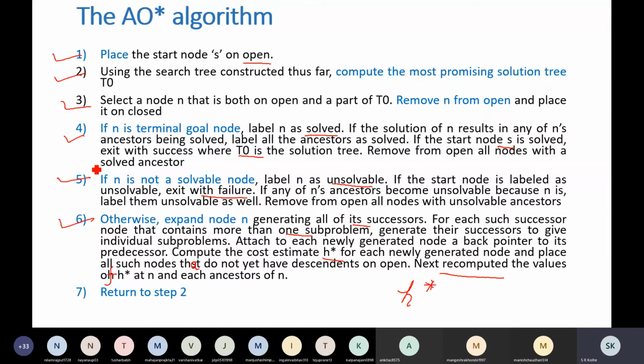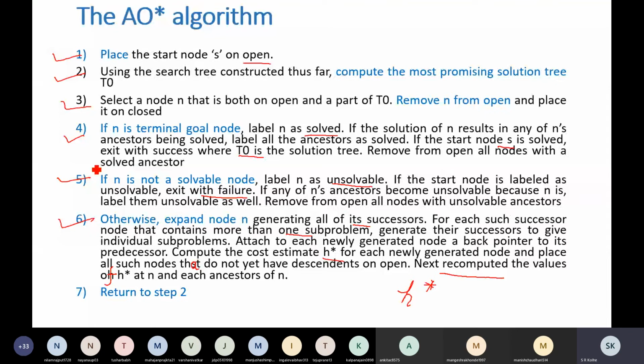And labeling you will have to perform. You have to label nodes as solved or unsolved because the solution is a tree. So the algorithm comes to know the particular solution tree with the help of these labels. When S becomes solved, the algorithm returns all the nodes whose label is solved. That's how the algorithm returns the solution tree.